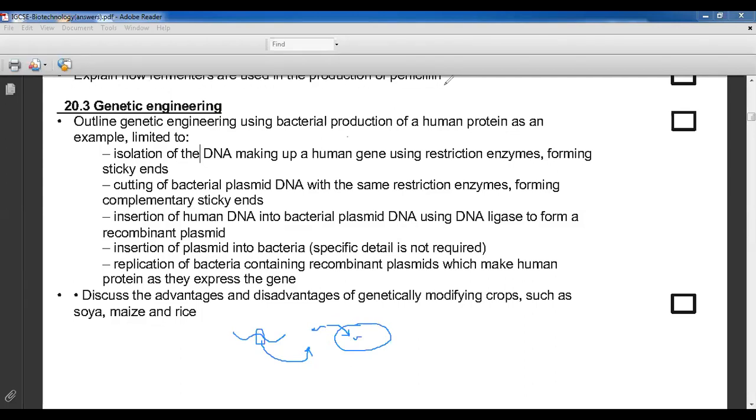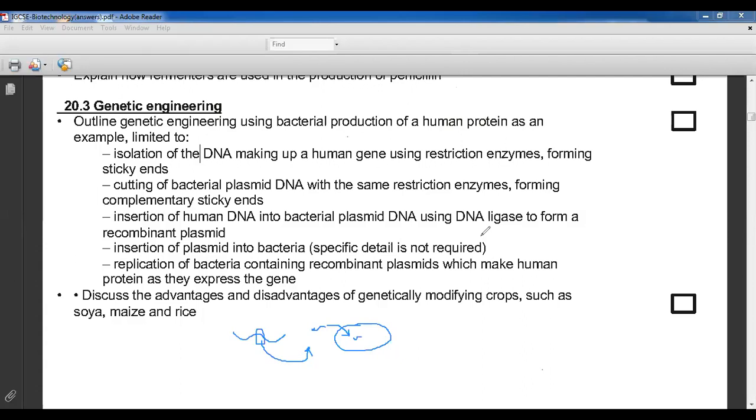So this field of biology is called genetic engineering. Now, is it clear? You can hear me, right? Yes. So this field of biology is called what? Genetic engineering. Now is it okay? Yes, it's okay.